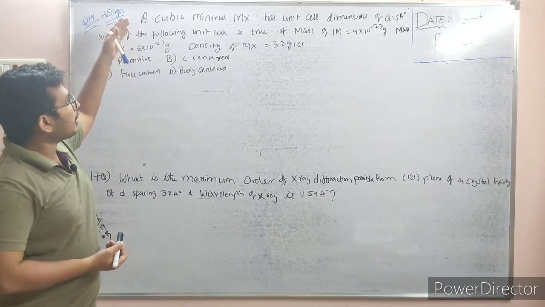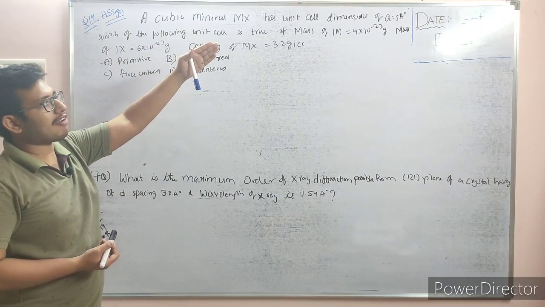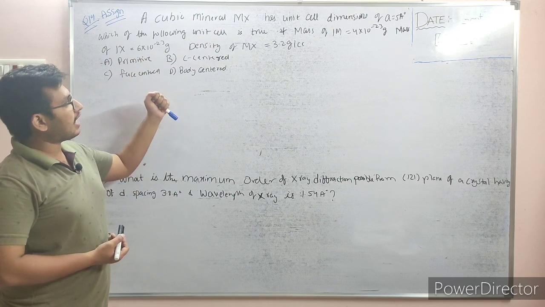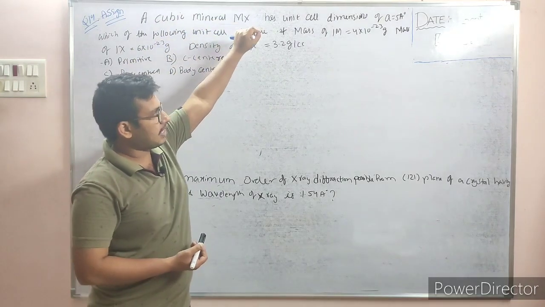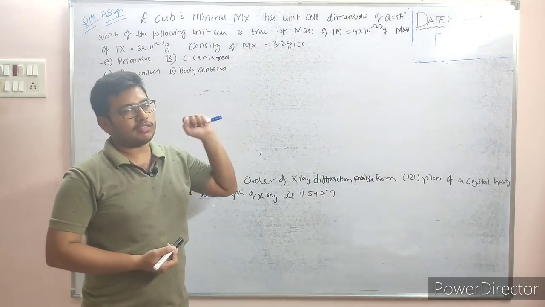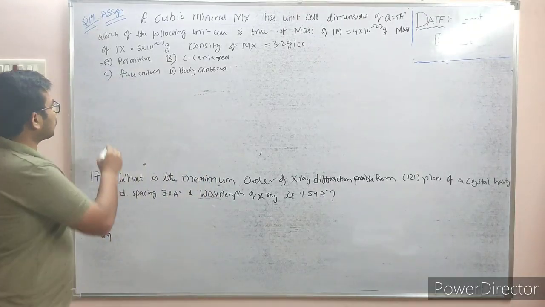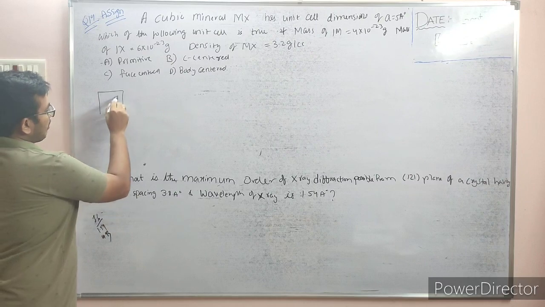First one is, a cubic mineral Mx has unit cell dimensions of edge length 5 angstrom units, which is saying that a cubic mineral Mx is present in the unit cell which has a unit cell dimension of 5 angstrom units. Okay, so suppose this is the unit cell. In this the atom Mx is present.